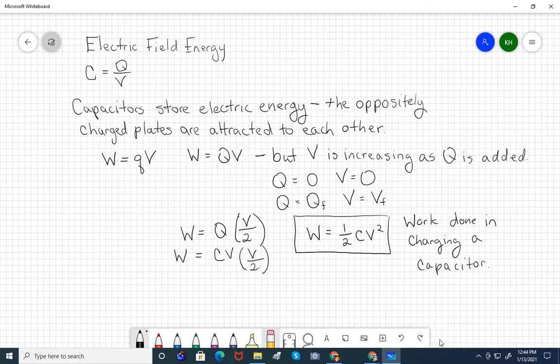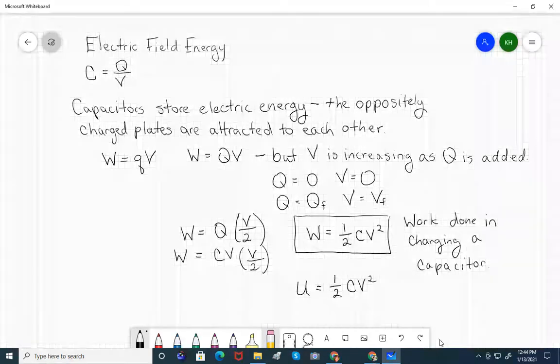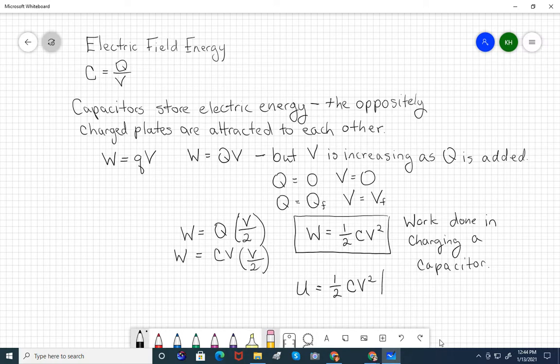As a result of that work, the potential energy stored in the capacitor is also equal to 1/2 CV squared. Just like the amount of work in picking up a heavy box and setting it on a shelf is mgh, and the amount of potential energy that you gave that box is mgh.